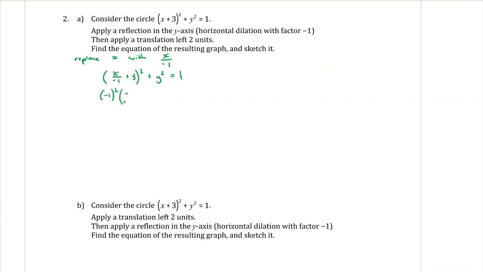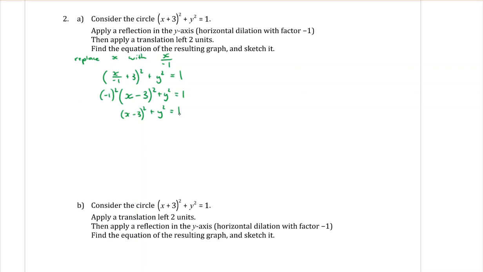Bringing the negative out of the x, though, means that that's going to become positive, and bringing the negative out of the 3 means that needs to switch signs to be a -3 in there. Okay, then plus y squared equals 1, so I can just get rid of that -1 squared out the front. So it's x minus 3 squared plus y squared equals 1. So I've done my horizontal dilation of -1.